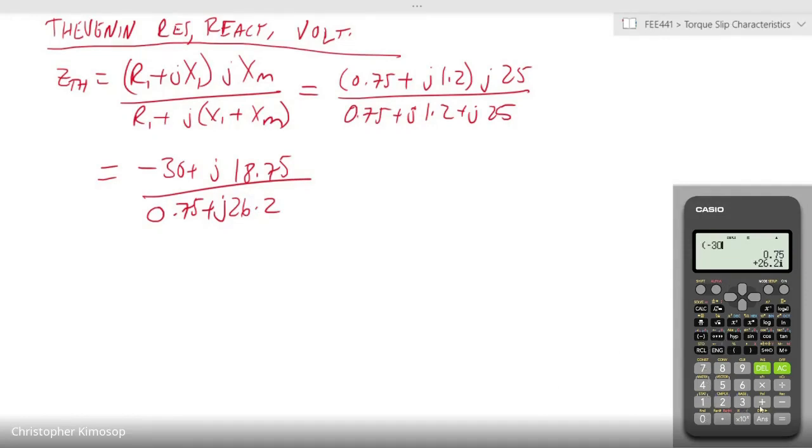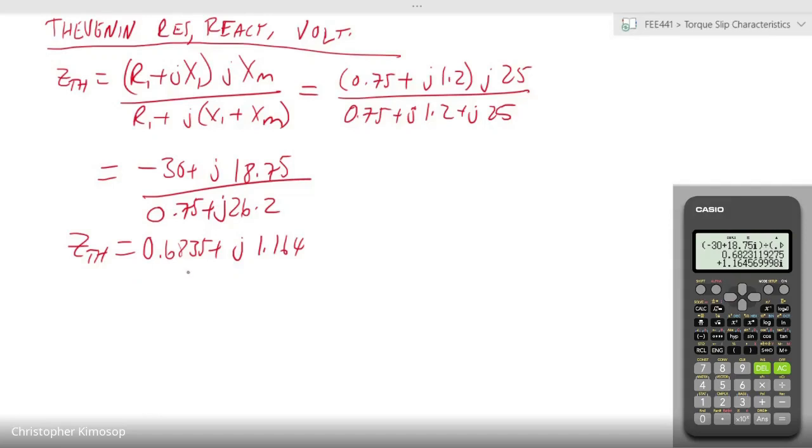So dividing those two, negative 30 plus 18.75j divided by 0.75 plus 26.2j gives us our Thevenin impedance, which is roughly 0.6835 plus j1.164.